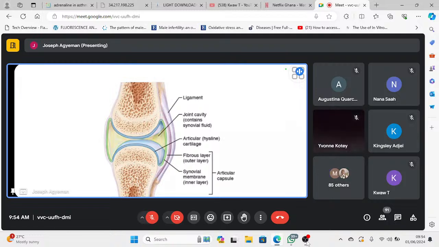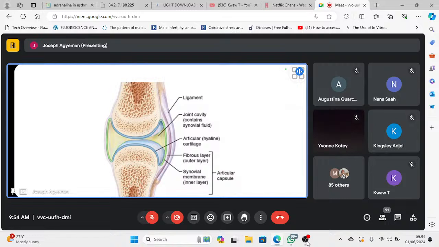For example, the cartilage that covers the surface of the bone. Or even you can get ligament damage. You can even get the synovial membrane also damaging, and then the leakage of the synovial fluid.